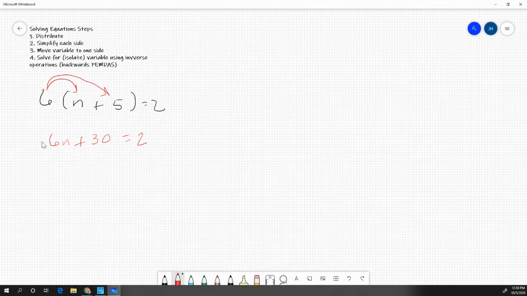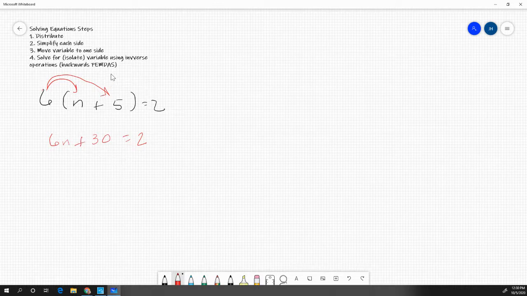Well, all of my n's are already on one side, so we don't have to do anything for step 3 in this circumstance either. So now it just says isolate the variable using inverse operations, backwards PEMDAS, which means that I'm going to deal with anything that's added or subtracted to this n term before I deal with multiplication and division or exponents or parentheses, right?